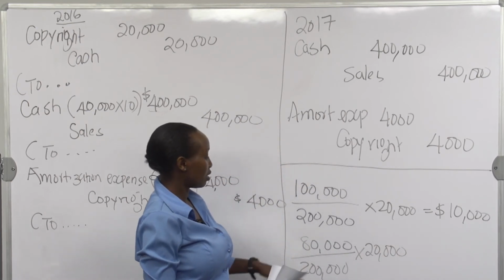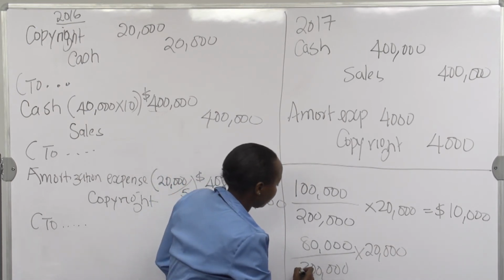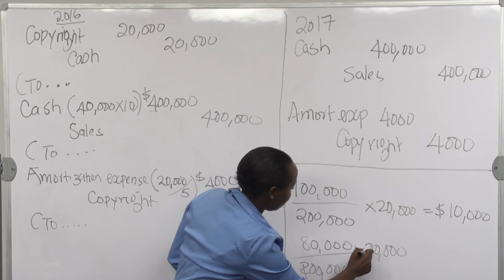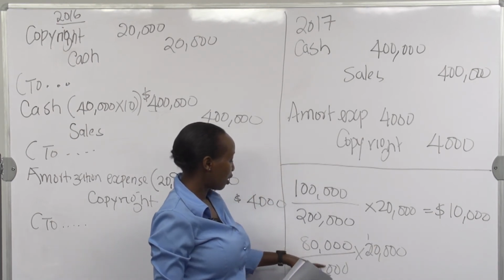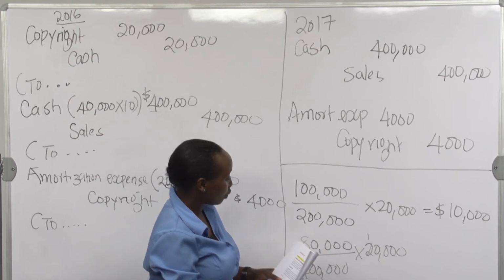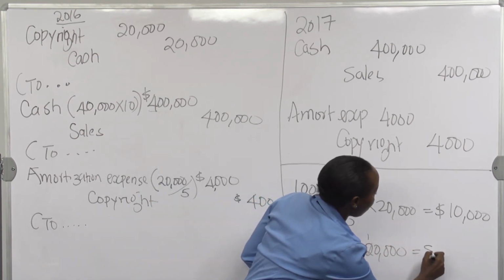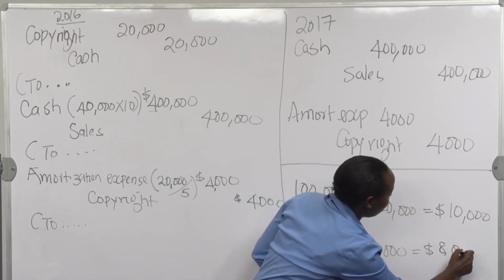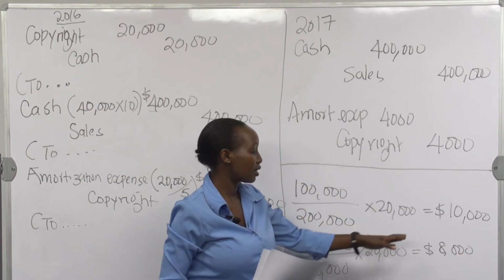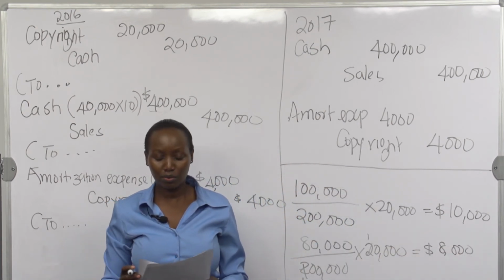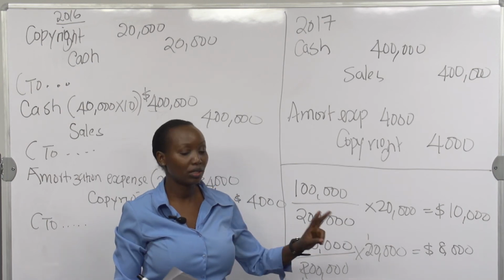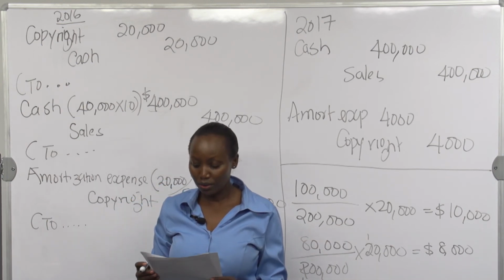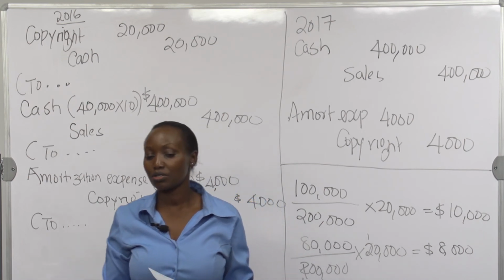So we end up with 8,000 of amortization expense for 2017, and then the last year would have only 2,000 of amortization expense.